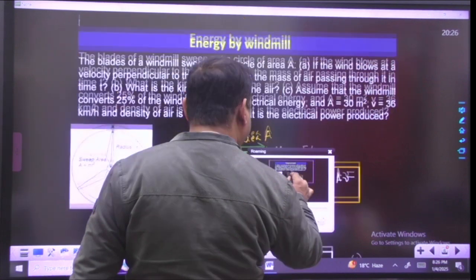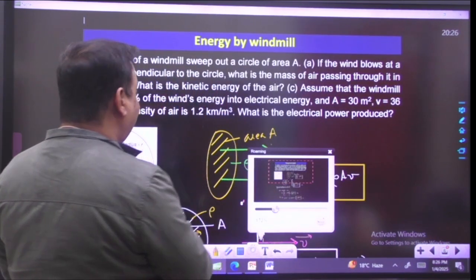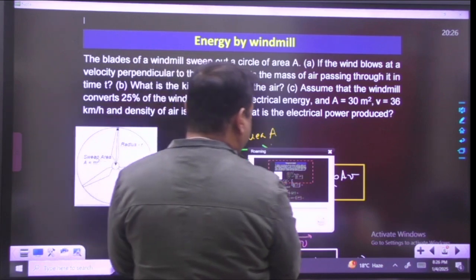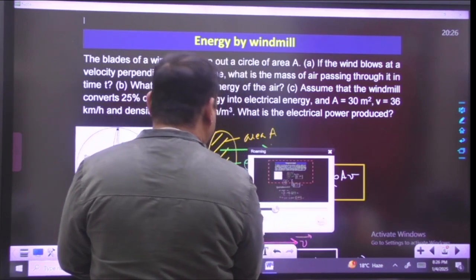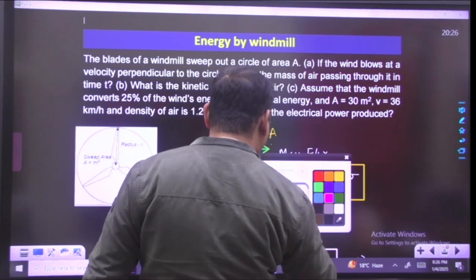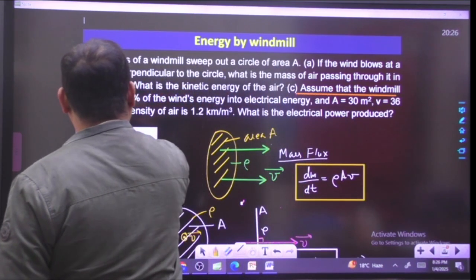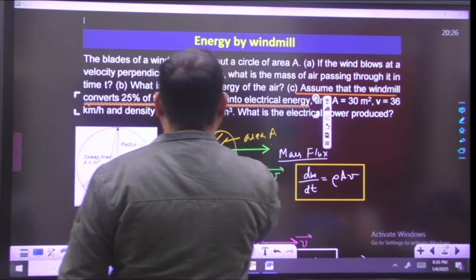Now part C says, assume that the windmill converts 25% of the wind's energy into electrical energy, and you are given the numerical values of A, v, and of course the density of air. So the windmill is converting 25% of the wind's energy into electrical energy.